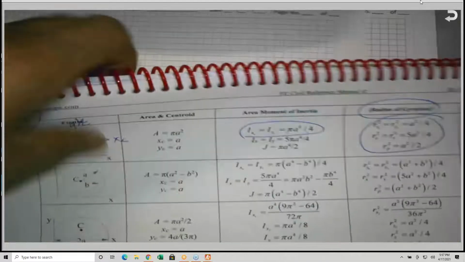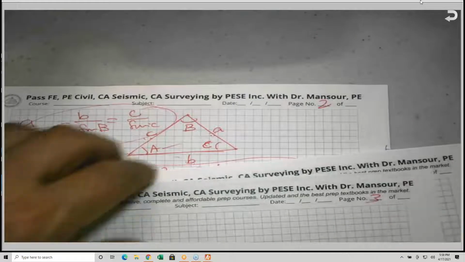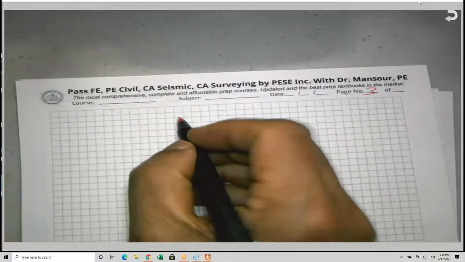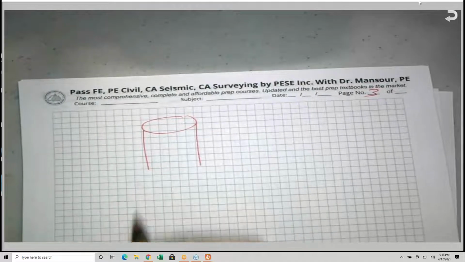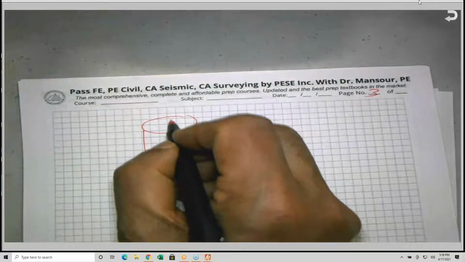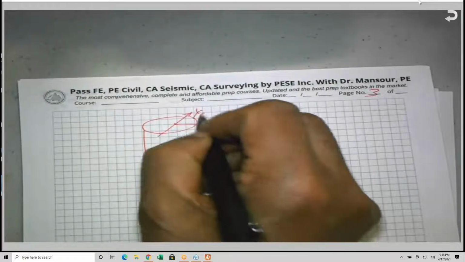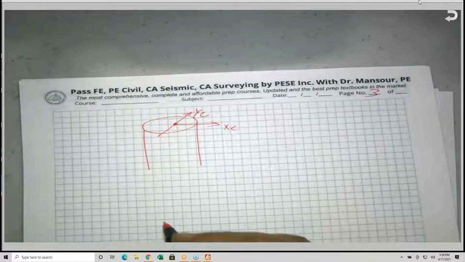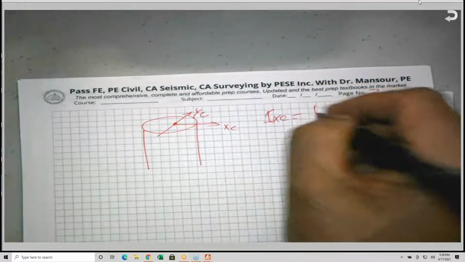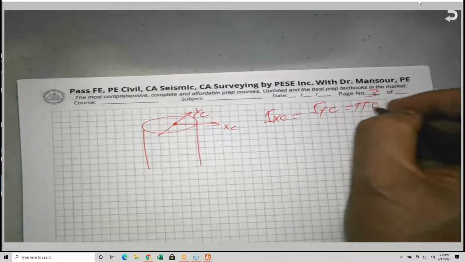This is why, for the columns of bridges, we as engineers prefer circular columns. Why? Because if you look at a circle, this is XC and this is YC, and IXC is equal to IYC, which is equal to pi a to the fourth divided by 4.